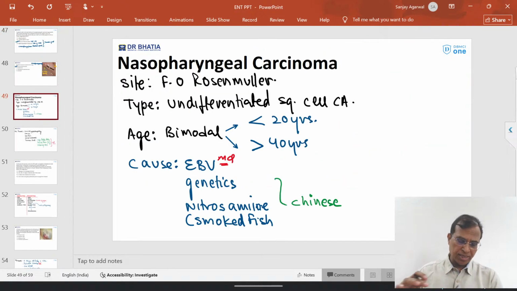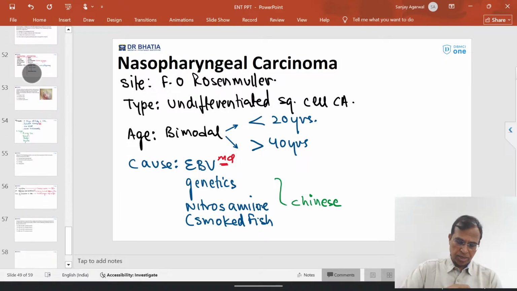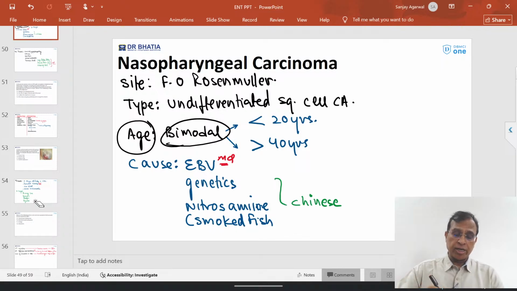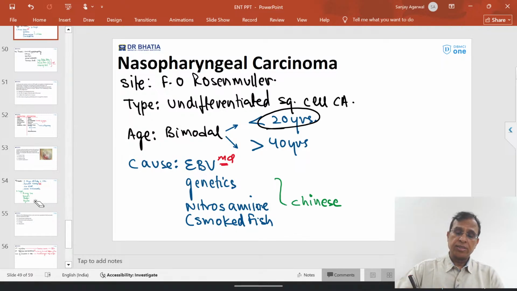Now these are the other points about nasopharyngeal carcinoma. Like you can see, nasopharyngeal carcinoma arises in the fossa of Rosenmuller. We know this already. The type of carcinoma is undifferentiated squamous cell carcinoma. It occurs in two different age groups. It is bimodal. Bimodal means two different age groups. Either it is seen in a child less than 20 years. Look at the question.